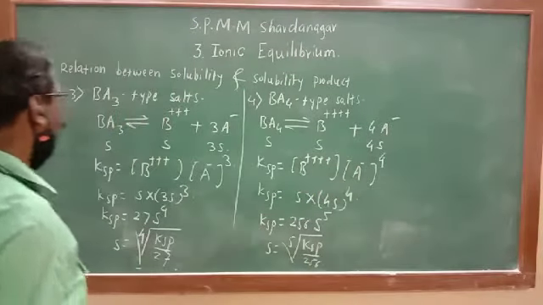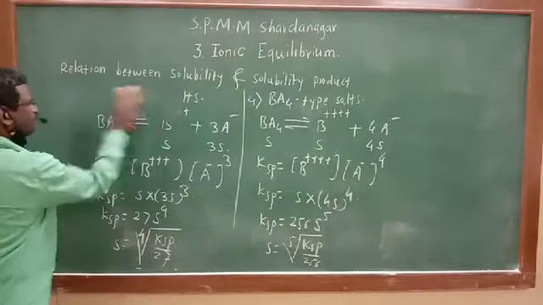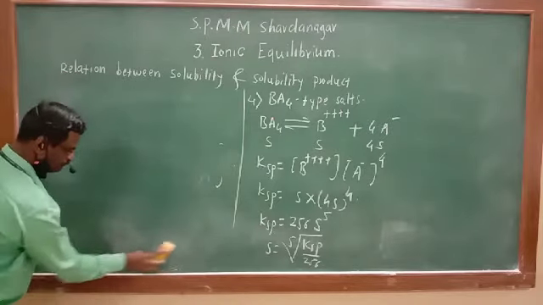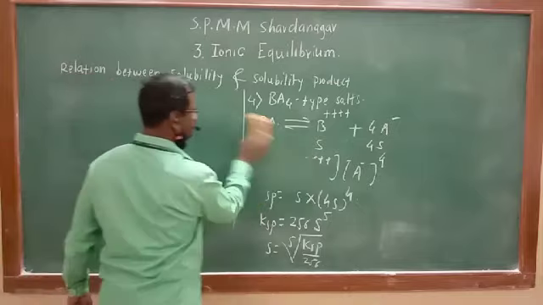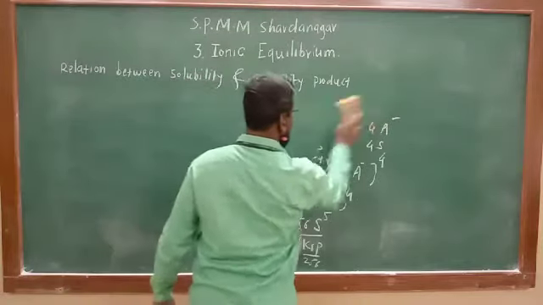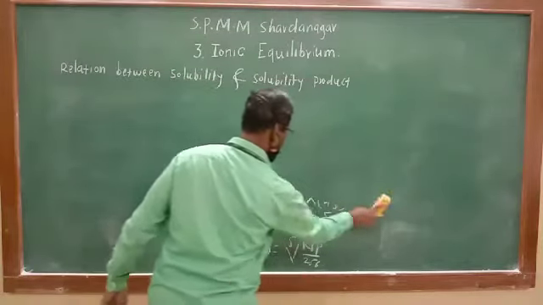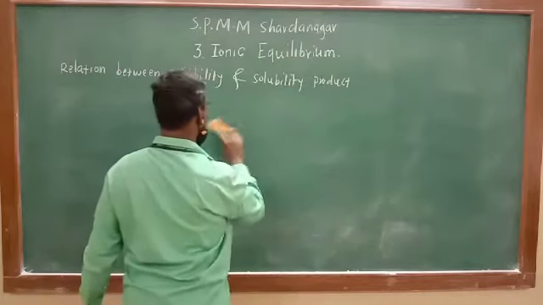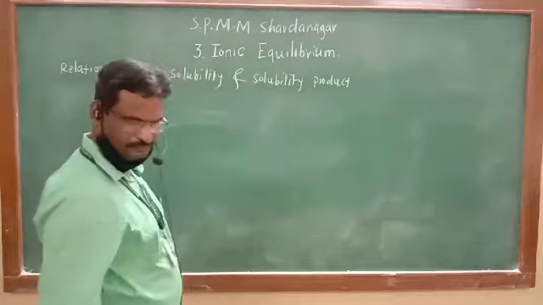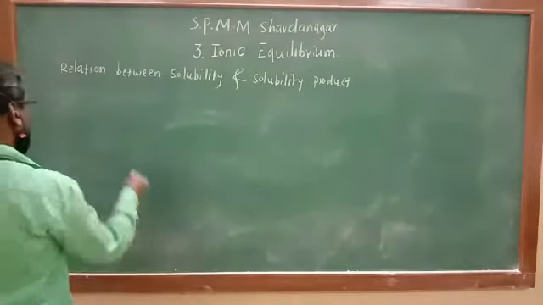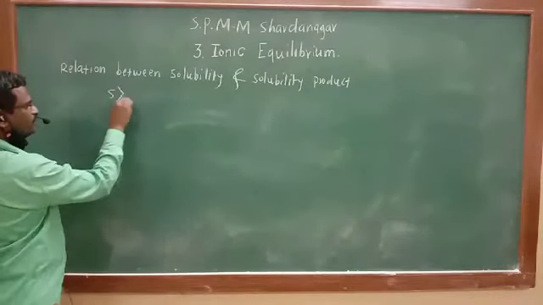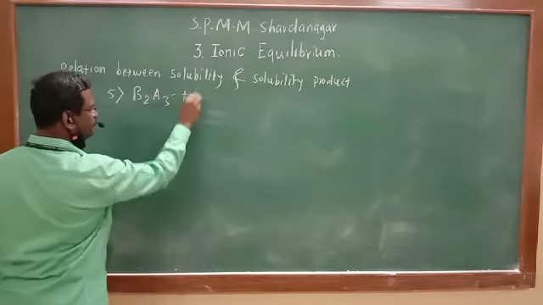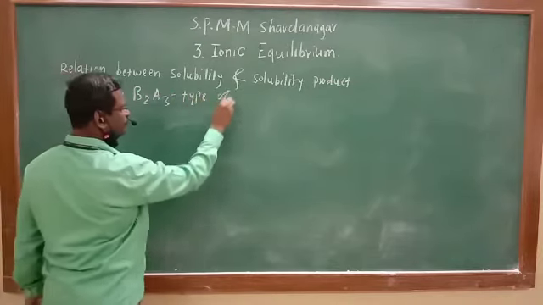One more type of salt is there. Fifth type of salt, salt number 5, B2A3 type of salts.